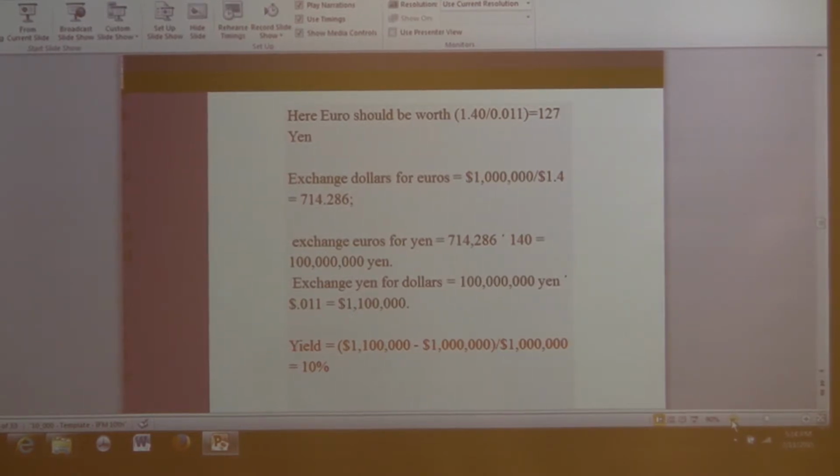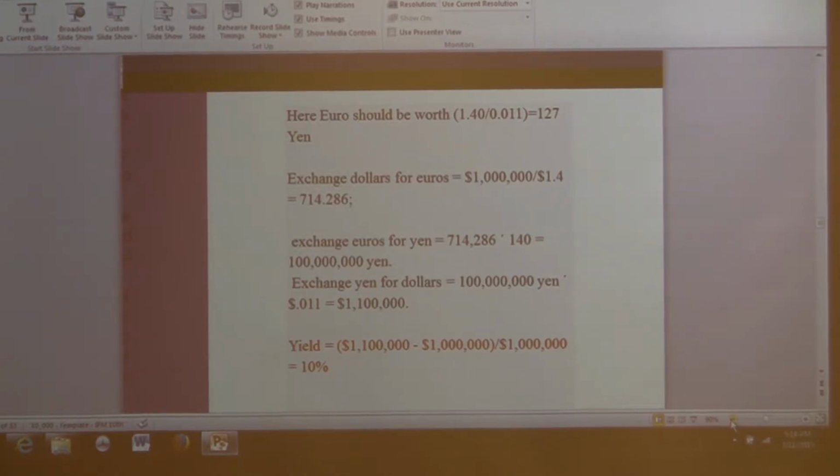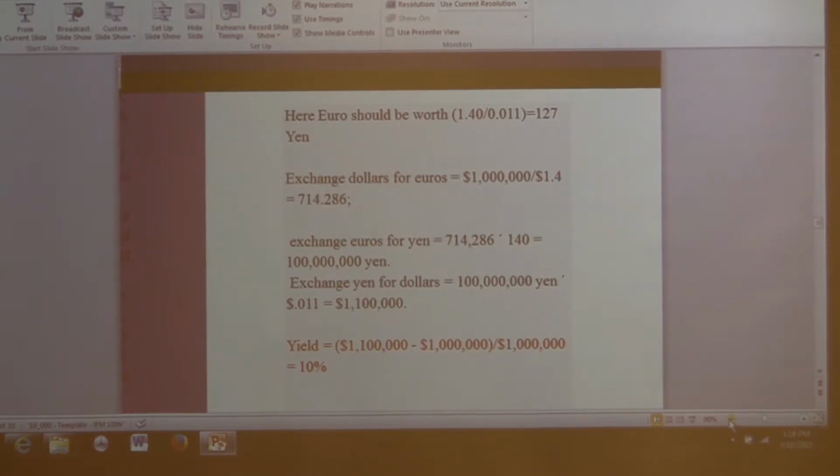You end up with 714,286 euros, okay? And then you can sell the euro for Japanese yen, okay?